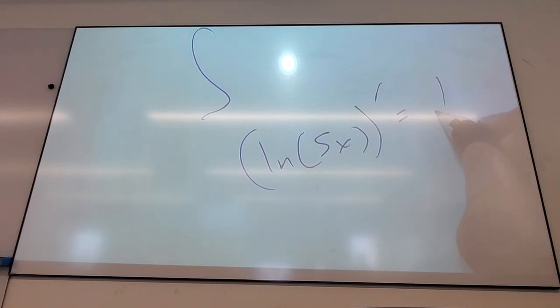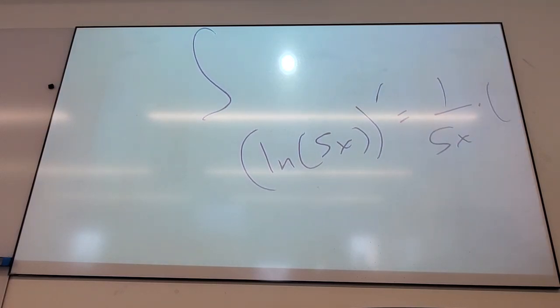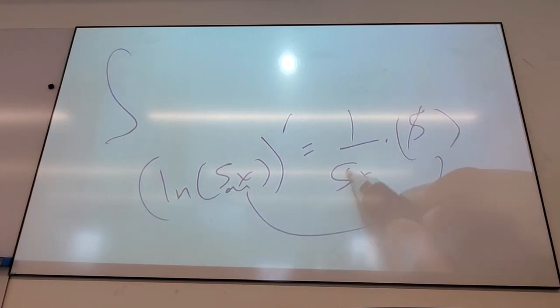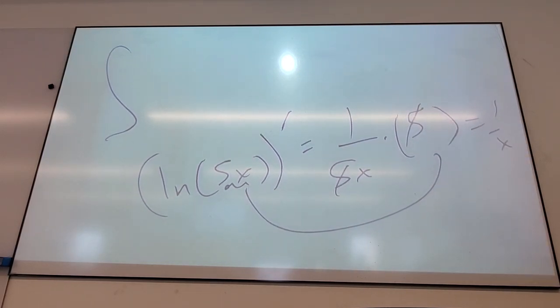And I think I screwed up. What's the derivative of ln 5x? It's 1 over 5, times 5. So it's 1 over x. So at the end, you just gotta put a times 1 over x.